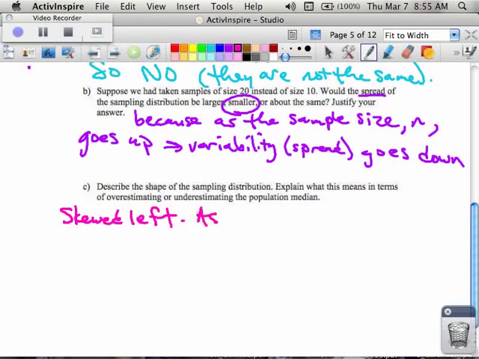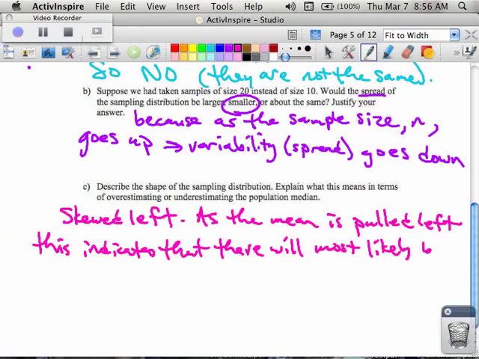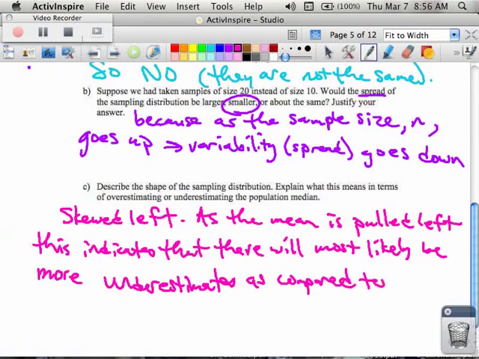So, as the mean is pulled left, this indicates that there will most likely be more underestimates as compared to overestimates.